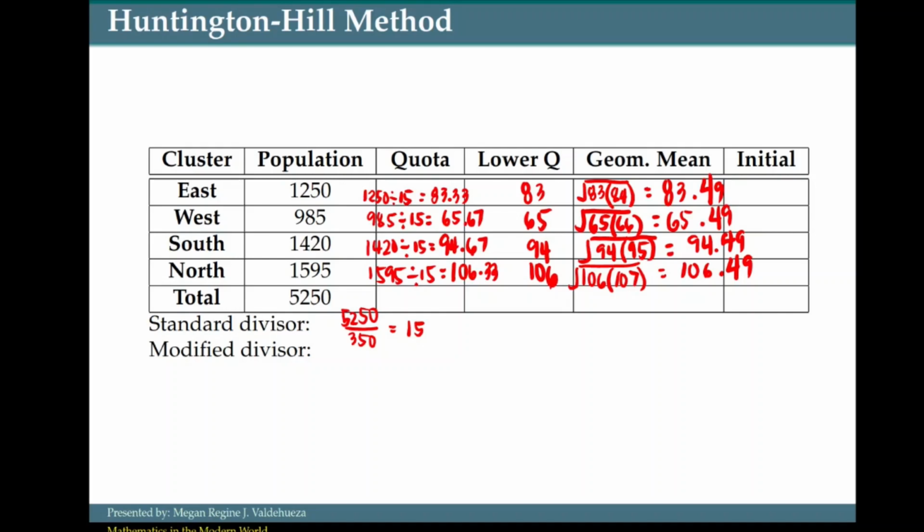So we compare the quota and the geometric mean for each subgroup. If the quota is larger than the geometric mean, we round up. But if the quota is less than the geometric mean, then we round down the quota.